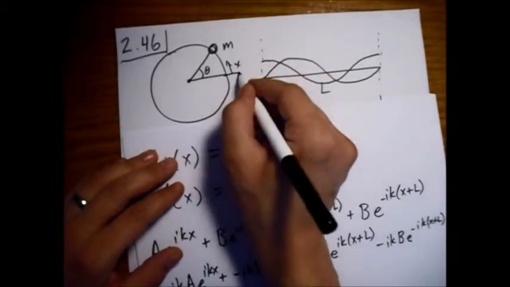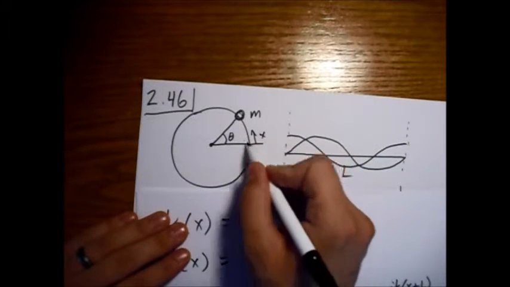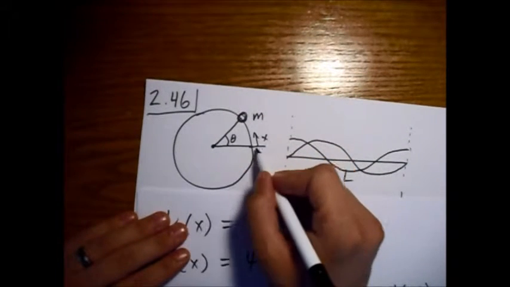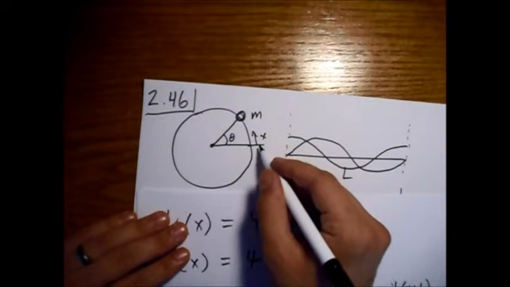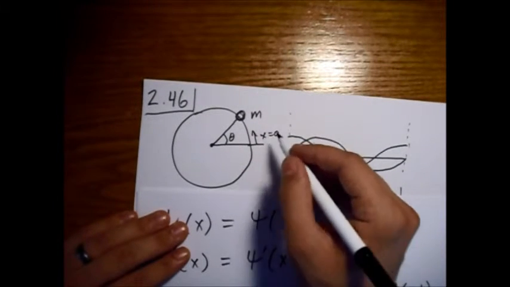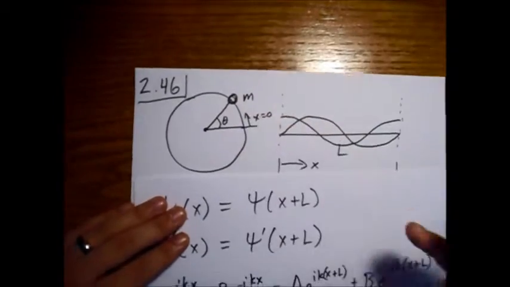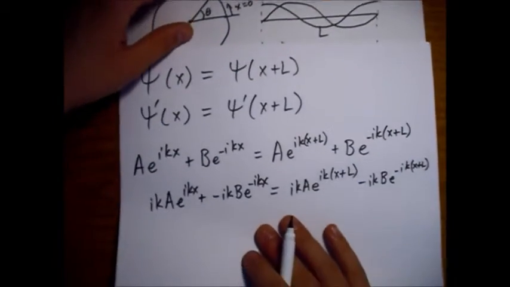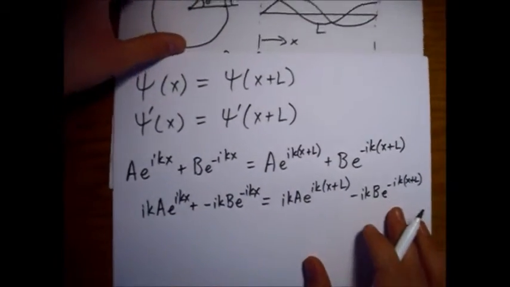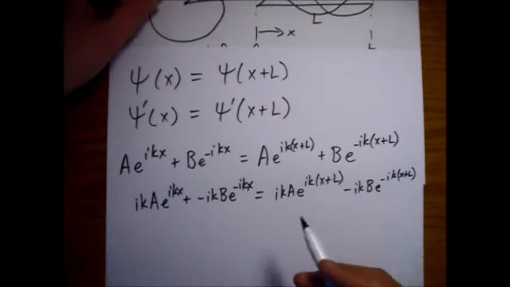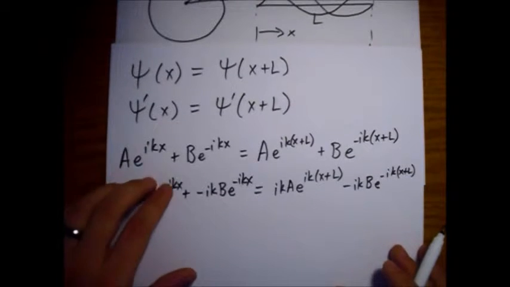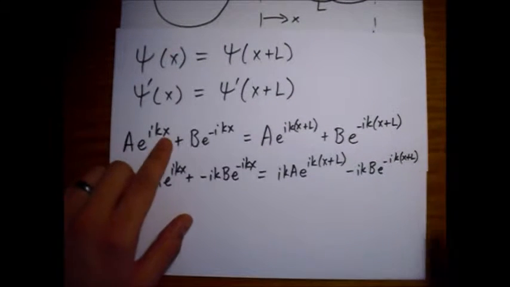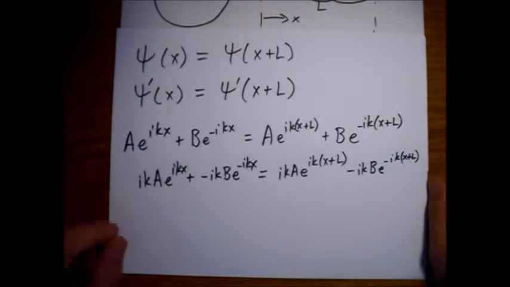If we're using this x coordinate, not the theta, we pick this point on the circle to be our x equals 0, and then x goes off in this direction. So let's set a zero point. I'm just going to set x equal to 0, okay?